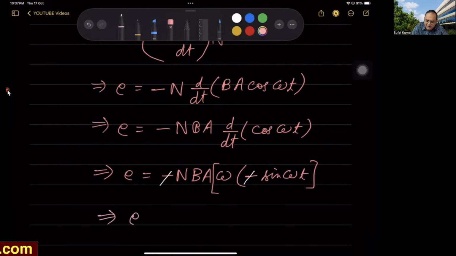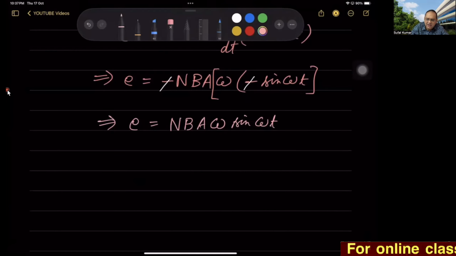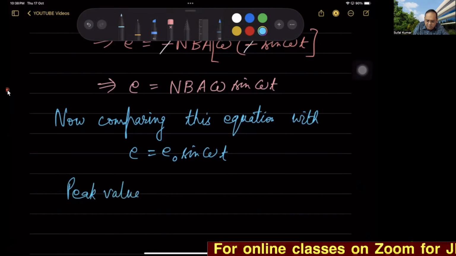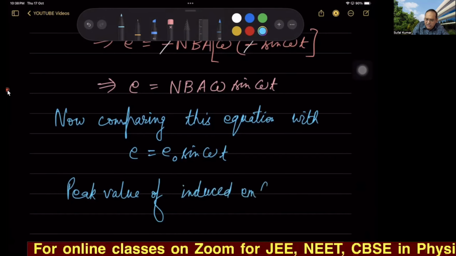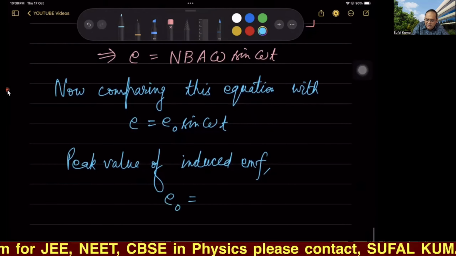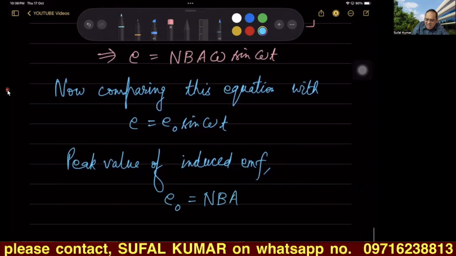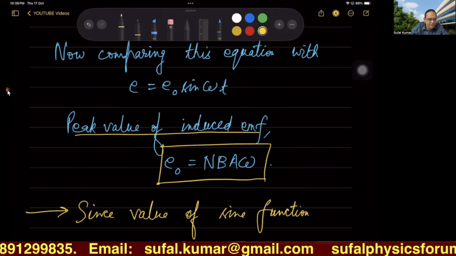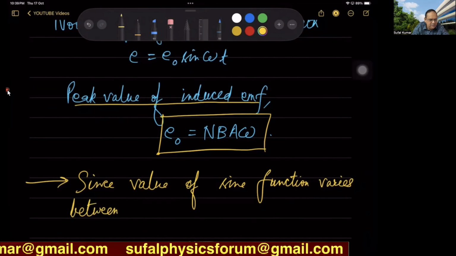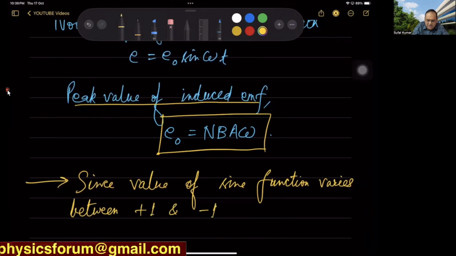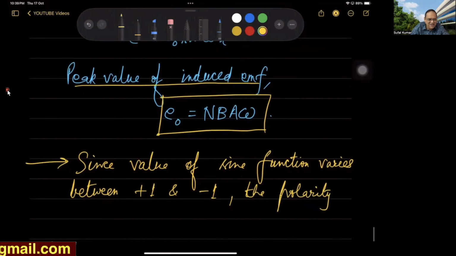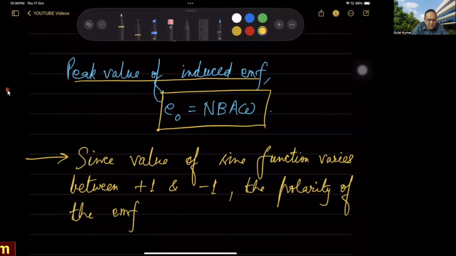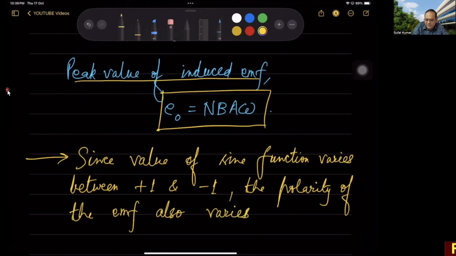It implies that E is equal to NBA omega sine omega t. Comparing this equation, the peak value of induced EMF, E naught, is NBA omega.